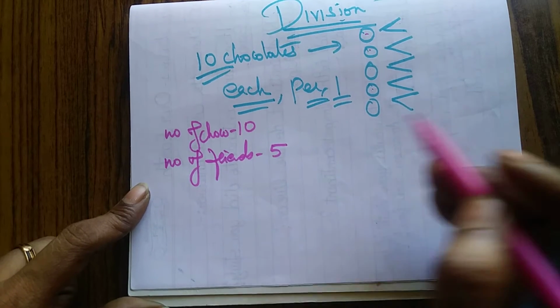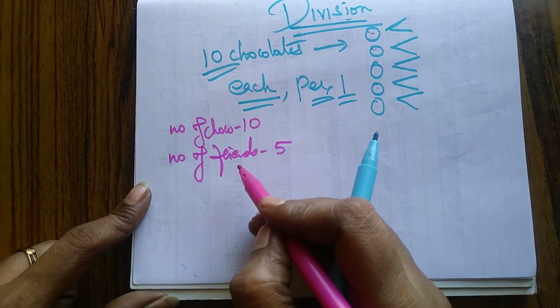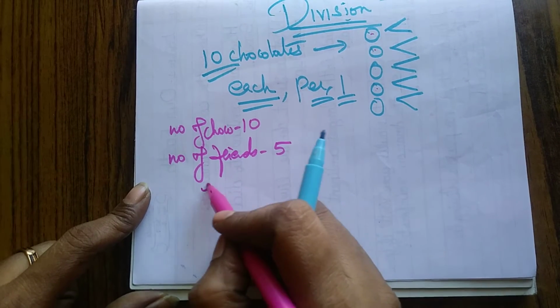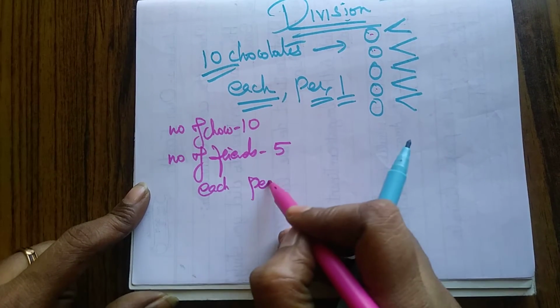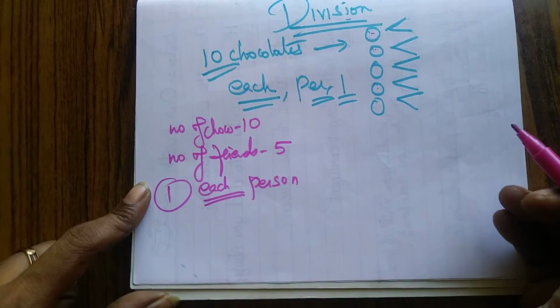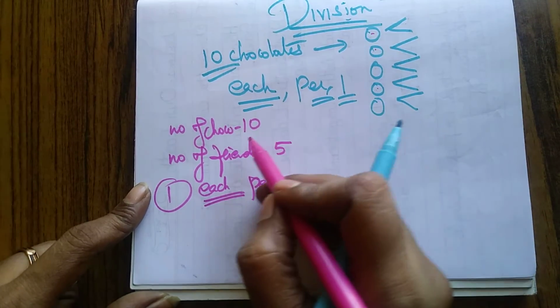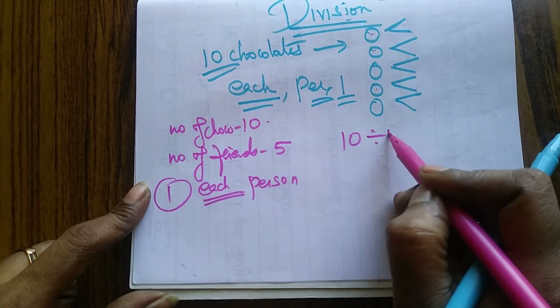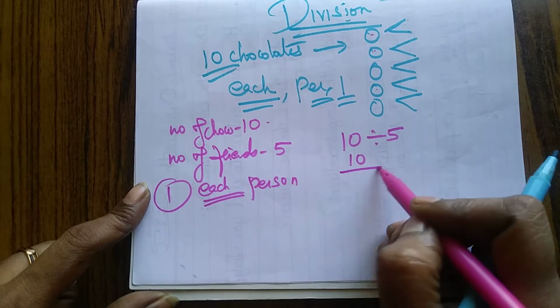And what was the question? How many chocolates will each person get? Each means they are asking for only one person. So if they ask for only one person, we have to divide these two. So 10 divided by 5.